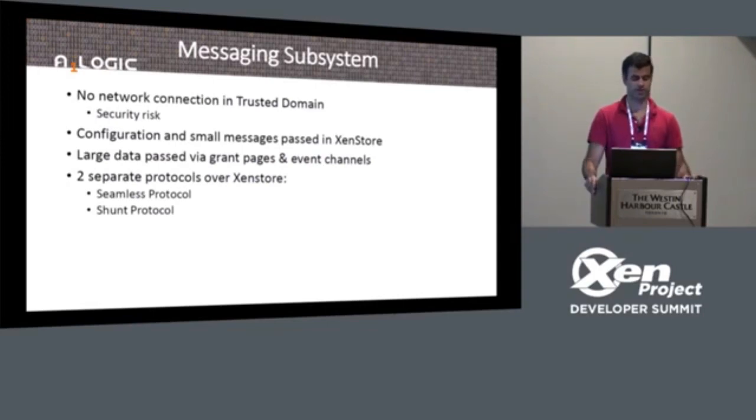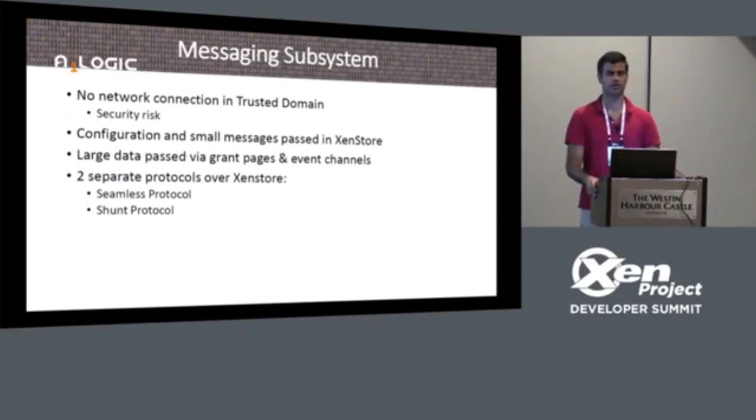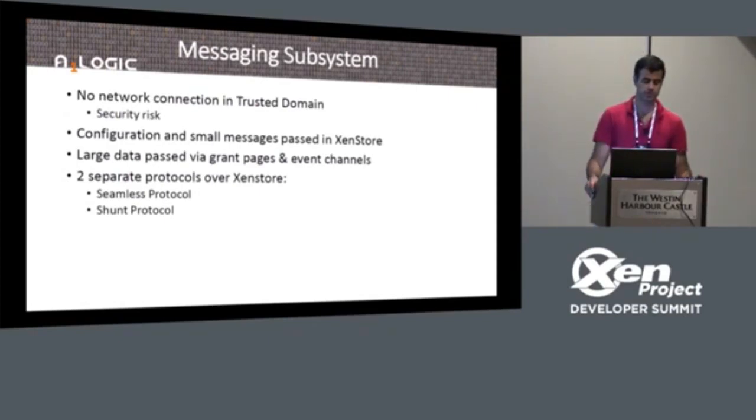We also pass configuration and small messages through XenStore. Large amounts of data are passed through grant pages and event channels, such as with many of the drivers that are available for Xen. We have two protocols that we implement over the messaging subsystem. One is the seamless protocol, and one is the shunt protocol, which I will cover both of in more detail.